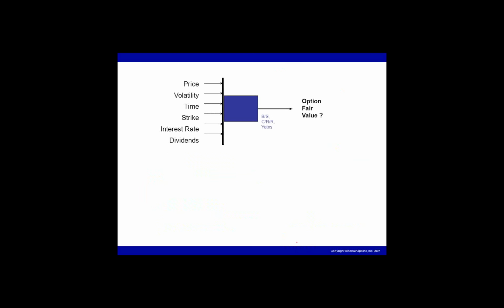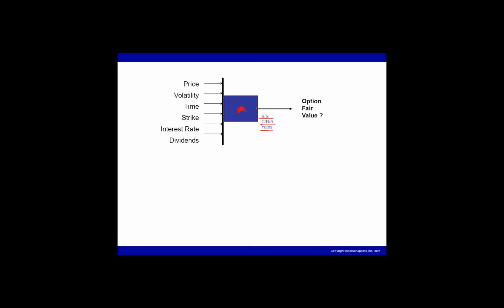Let me dial up a diagram here. Maybe some of you have seen this. Here's the Black-Scholes model, this little blue box here. There's also the Cox-Ross-Rubinstein model. Len Yates, the founder of our company, altered the Black-Scholes to account for the possibility of early exercise, because that does affect things. So it's a refined Black-Scholes.